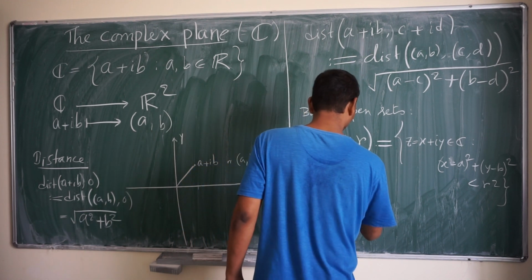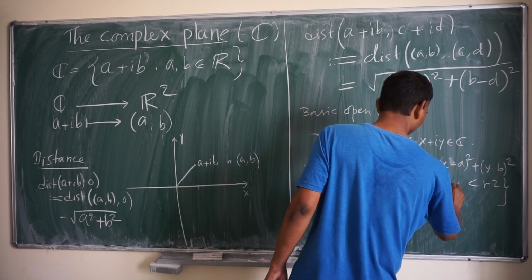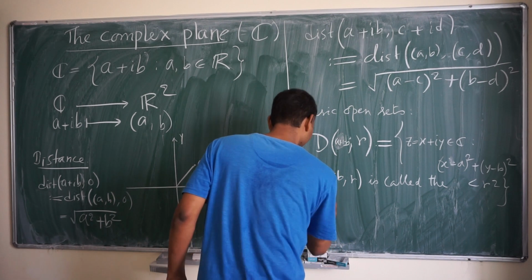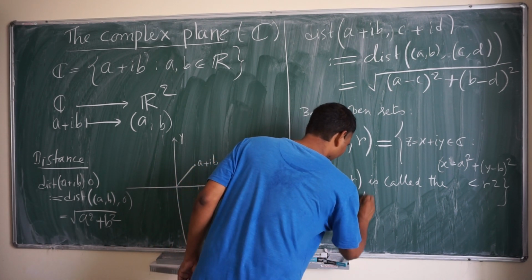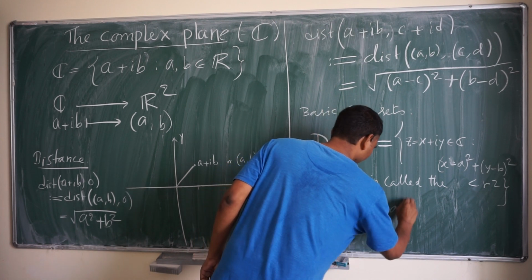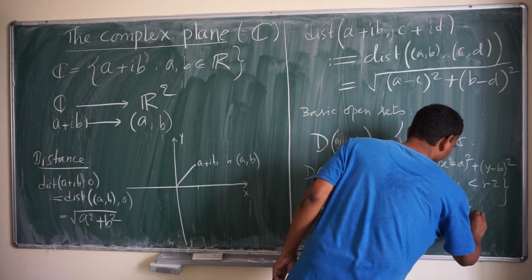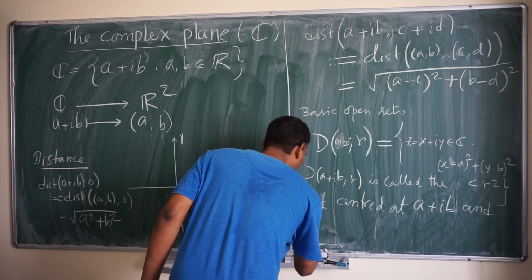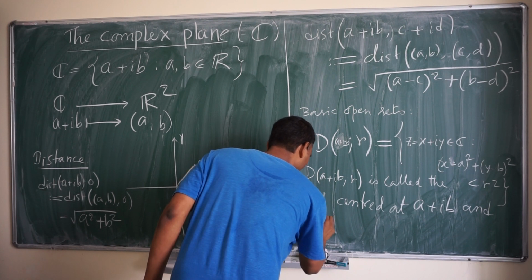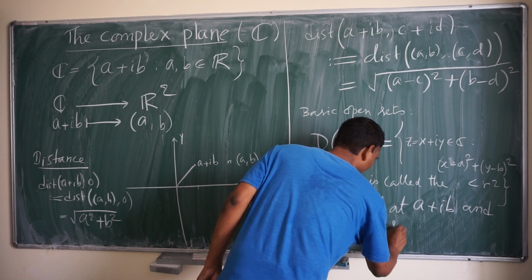So this, D(a plus ib, r), is called the disk centered at a plus ib and with radius r.